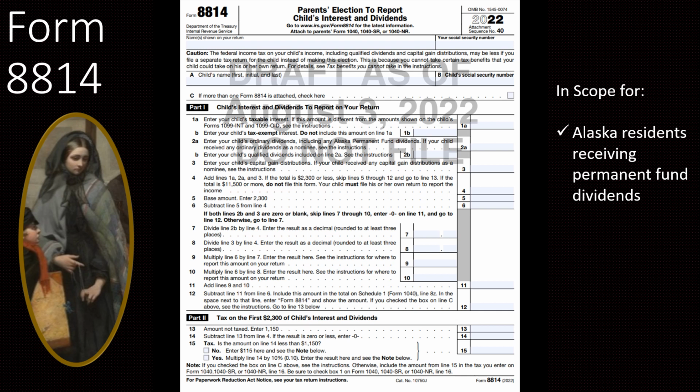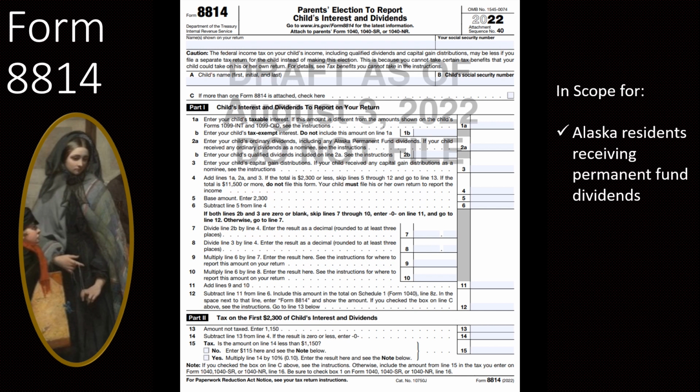So this would attach to the parent's return. Up in the top of the form, it has a caution just letting the parents know that this may not be the most beneficial way to file the taxes, that the child might have certain other benefits that reduce the tax on this income.